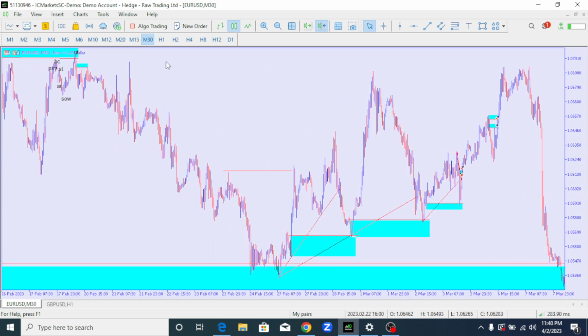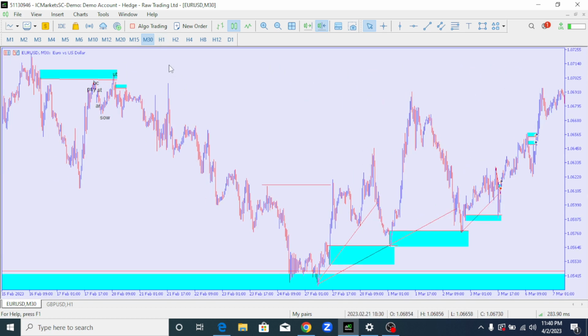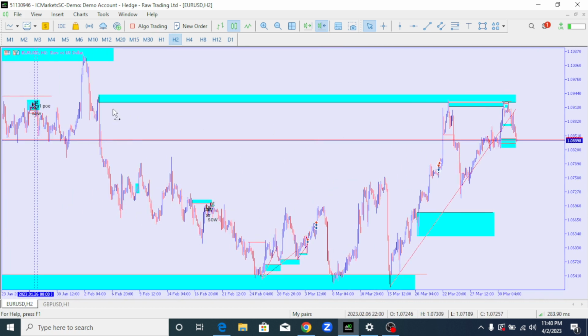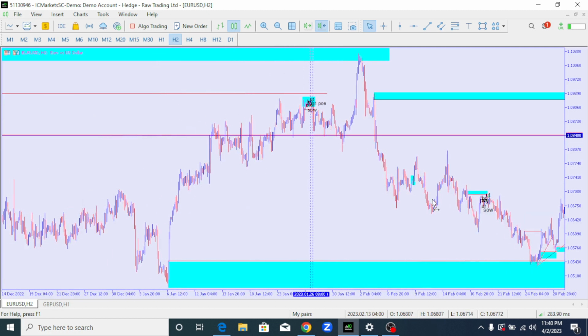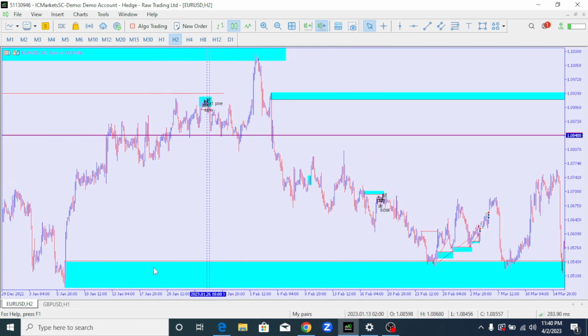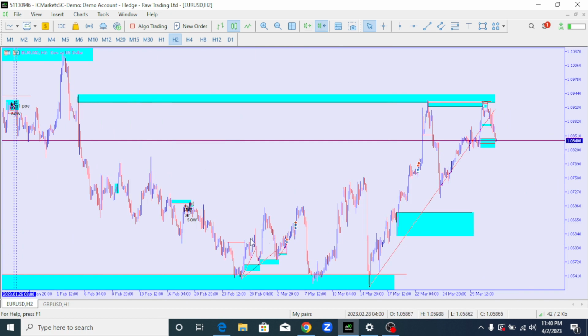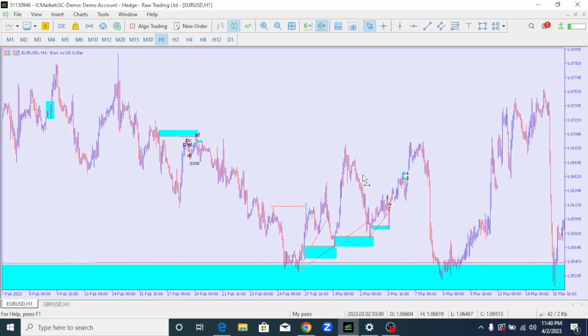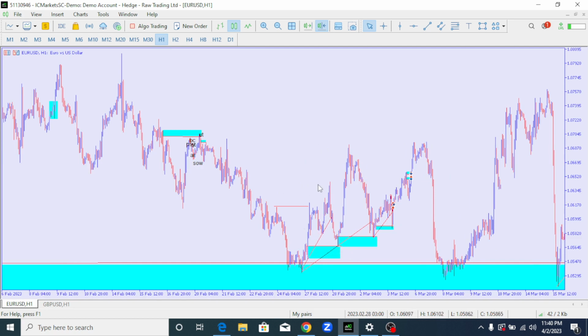If you see, the price reacted off this order block, and it started from this bullish order flow. It shifted to this bearish order flow. It shifted to this bullish order flow.